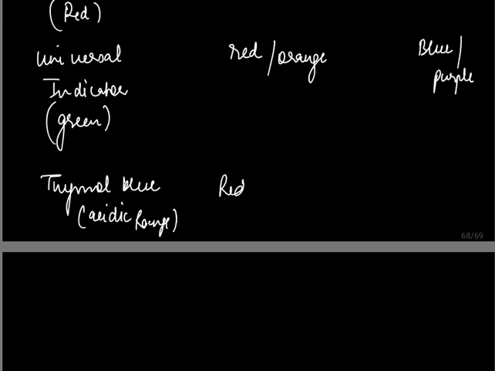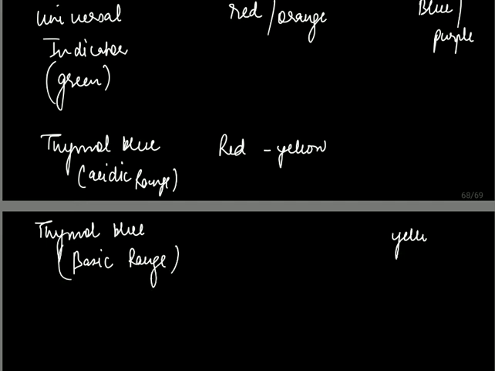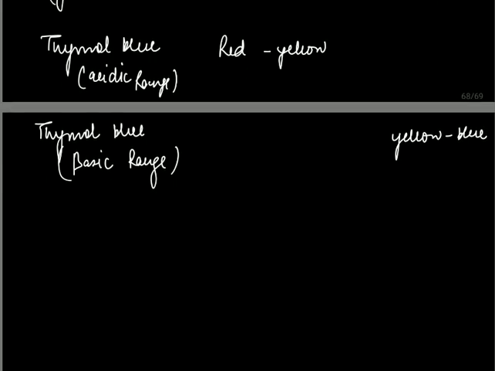That is red or yellow. Then we have the basic range. Even indicators can have some pH range. So the basic range is yellow to blue. Then we have bromophenol blue.